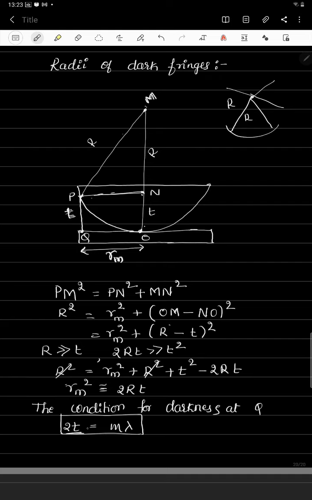Now this 2T value I am going to substitute in the above equation. Rm square is approximately equal to 2T, I can write as m lambda.